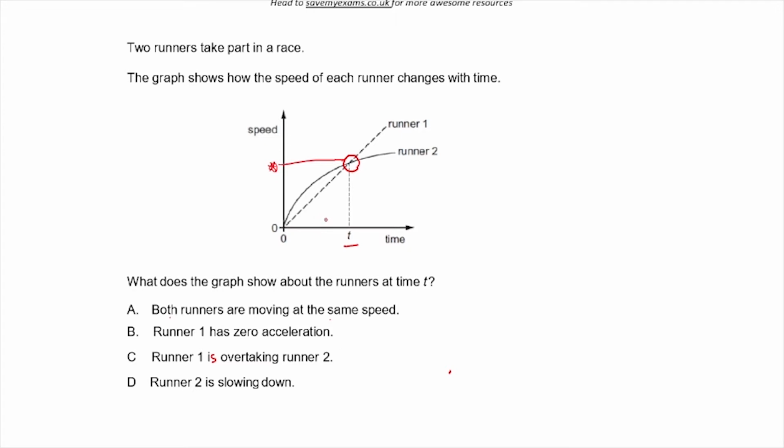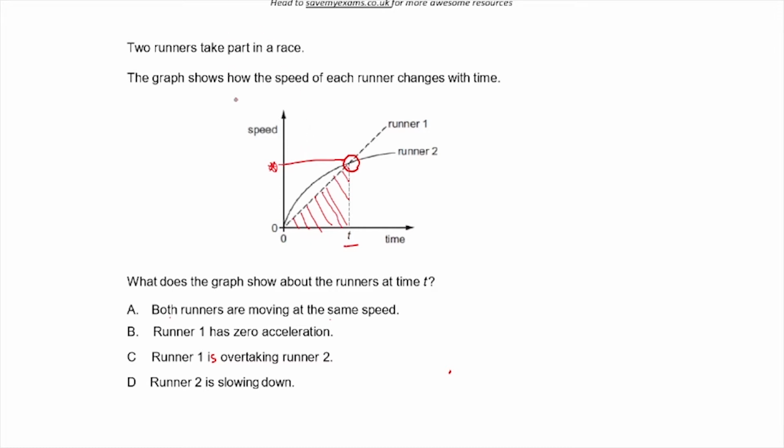We can tell the distance they have moved by just looking at the area under the respective graphs. For example, the distance covered by runner 1 is simply the area under that graph up to that point.